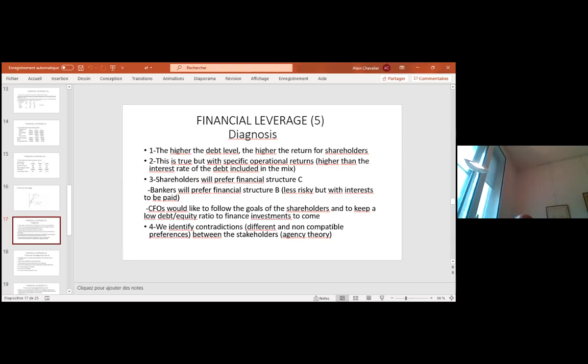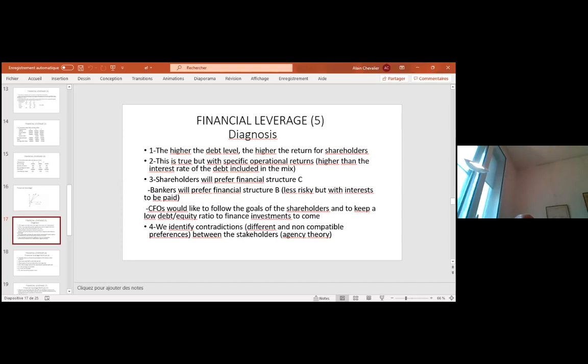So one of the key qualities of a CFO is to be able to adapt to this economic situation, to remain attentive to the characteristics of the economic situation. Growth rate, but also inflation and interest rate. This is very central.